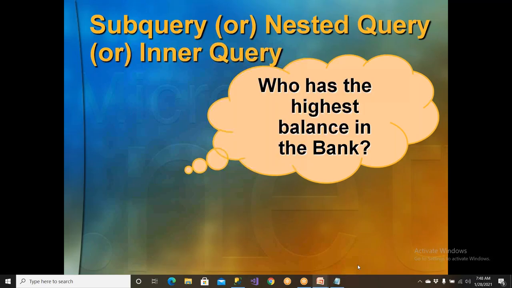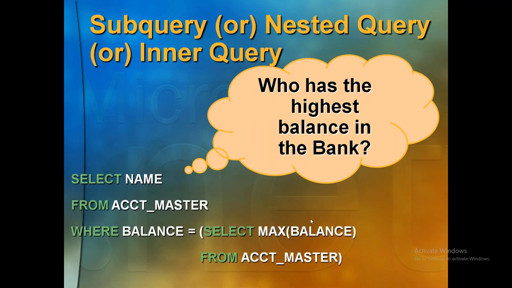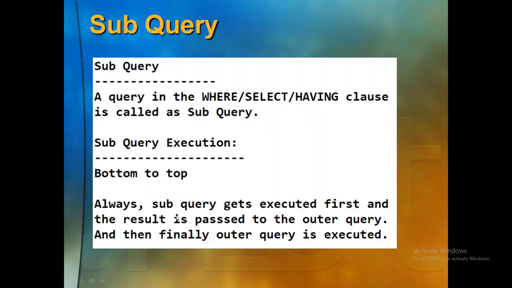Remember this point forever. So what is a subquery? A query in the where clause, a query in the select clause, a query in the having clause is called a subquery. I showed you a query in the where clause now.